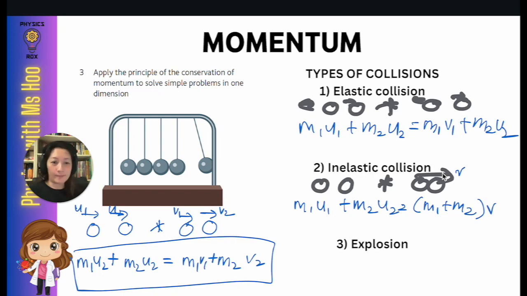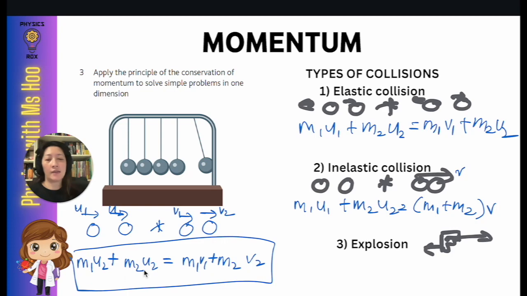For explosions, they're a little bit different, and a typical example of a situation using explosion would be the firing of a bullet from a gun, because there's an explosion that makes the bullet and gun separate. So for explosions, the initial velocity of both objects is 0. So they're both not moving. An explosion occurs which causes the bullet to move forward and the gun to recoil backward. Because the initial velocities are 0, that means u1 and u2 are both 0. So anything times 0 is 0. 0 plus 0 is 0.